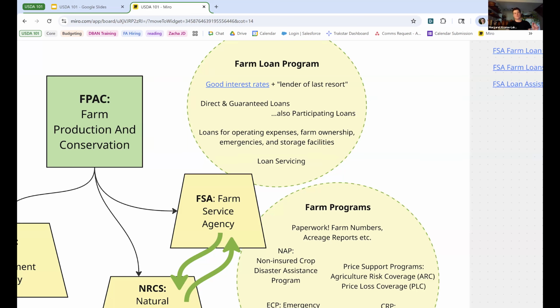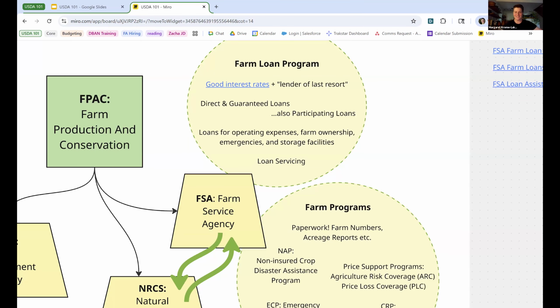And that may not be as protective as the opportunities for loan servicing within the Farm Service Agency. So it's important to know what kind of a guaranteed lender a farmer might be getting a loan from, if we're looking at what happens if that farmer gets into trouble.